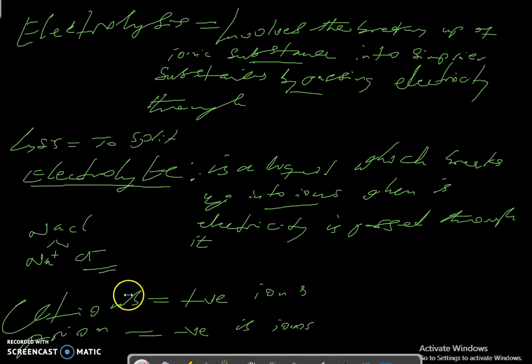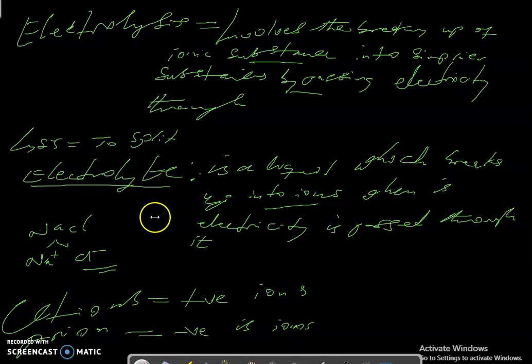Okay, so we have an ionic substance, we are trying to split it into its constituent ions by passing electricity through it. But we must first dissolve it in what? Water, or melt it. Once we dissolve it in water or melt it, we get an electrolyte. Now that electrolyte consists of what? Ions.